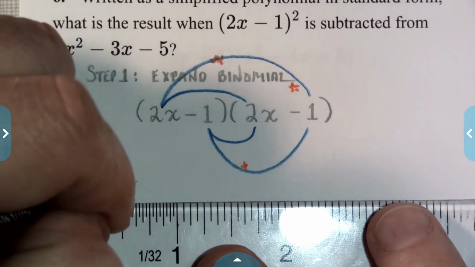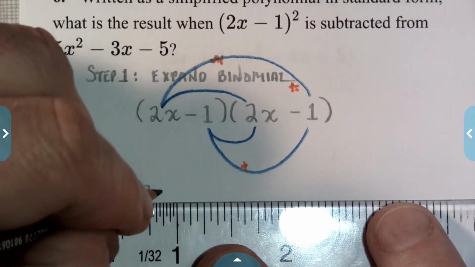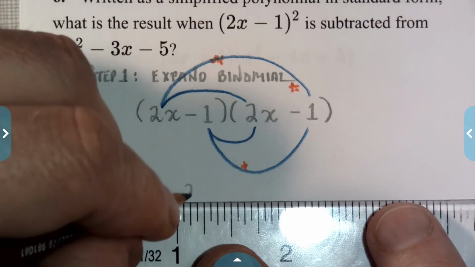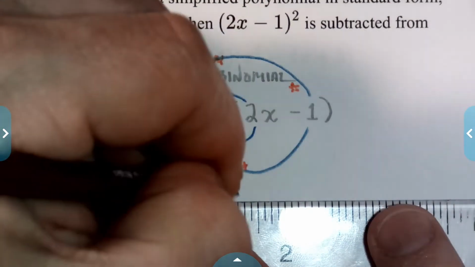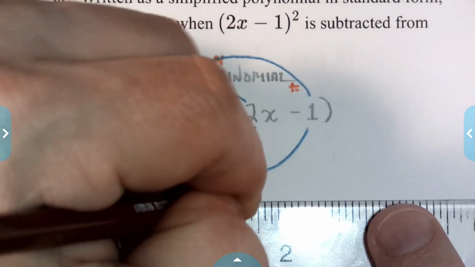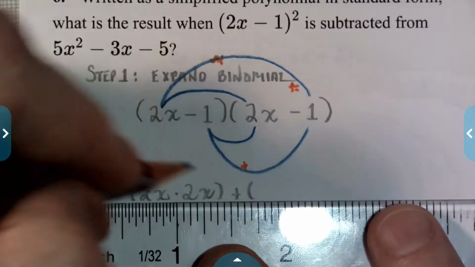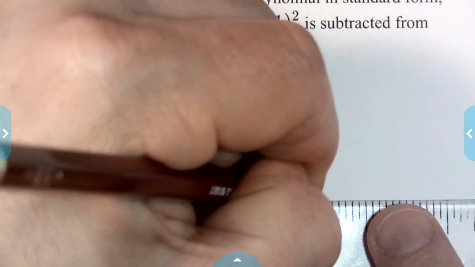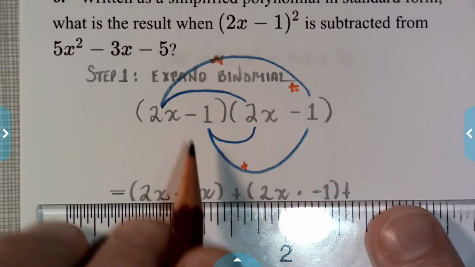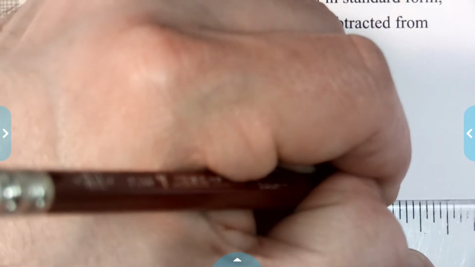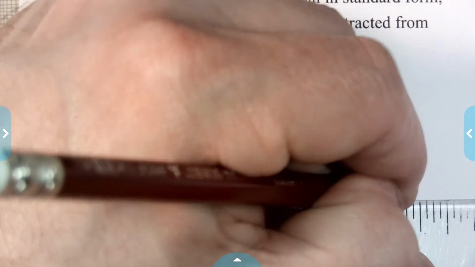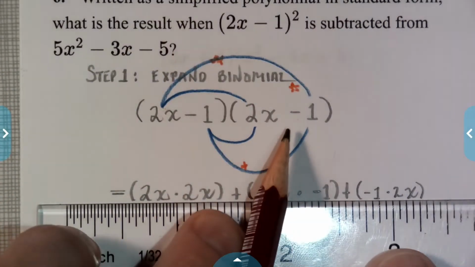Again, I want to see this intermediate step: 2x times 2x, plus outer times outer, 2x times negative 1, plus inner times inner, negative 1 times 2x, plus last times last, negative 1 times negative 1.